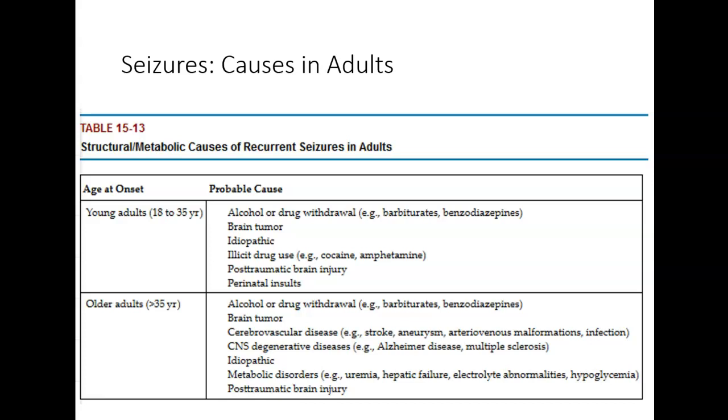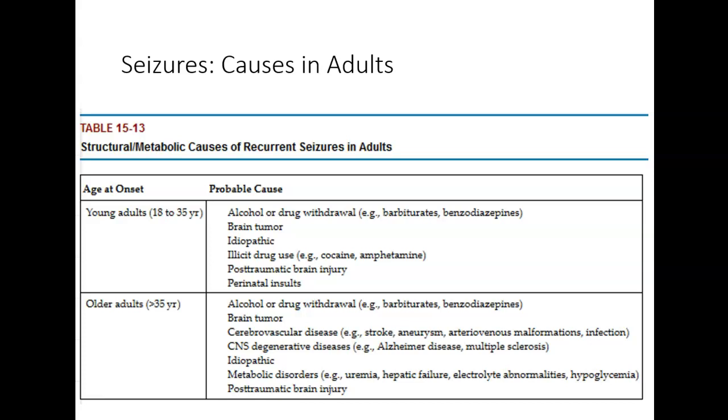So in young adults, ages 18 to 35, and this is where my son fits in, causes include alcohol withdrawal, brain tumor, idiopathic, meaning we have no idea what the cause is, illicit drug use, post-traumatic brain injury, and perinatal insults. So those are some of the probable causes.